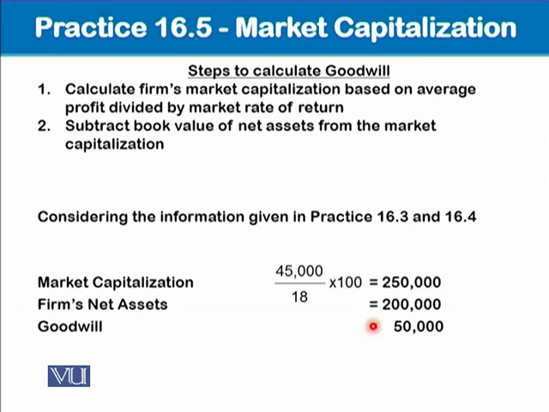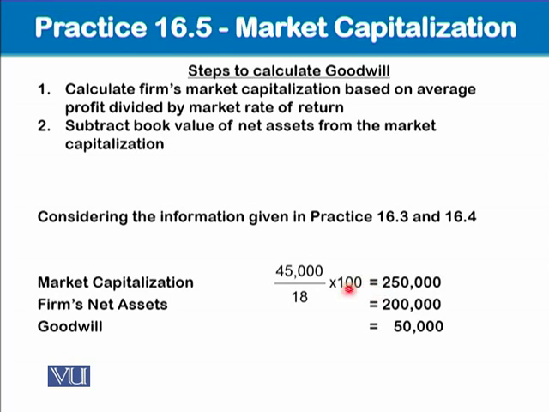Once again, I repeat this thing. We are earning 45,000 rupees average profit by having net assets of 200,000. Whereas if we want to earn this much profit, 45,000, by having an investment in the market where the market is giving us 18% interest or return rate, we will be requiring 250,000 amount of capital.